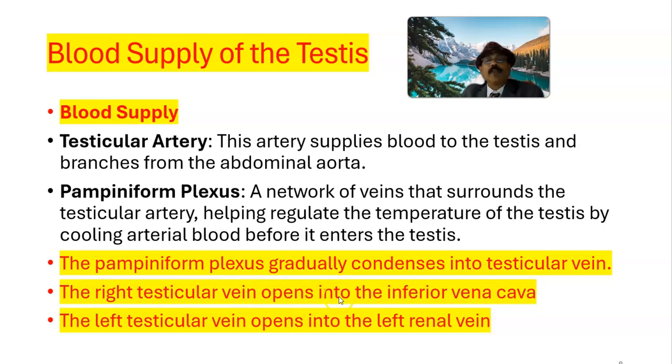The right testicular vein opens into the inferior vena cava. The left testicular vein opens into the left renal vein. The left testis is a bit lower than the right testis, and the chance of varicocele is more common on the left side of the scrotum than the right side.